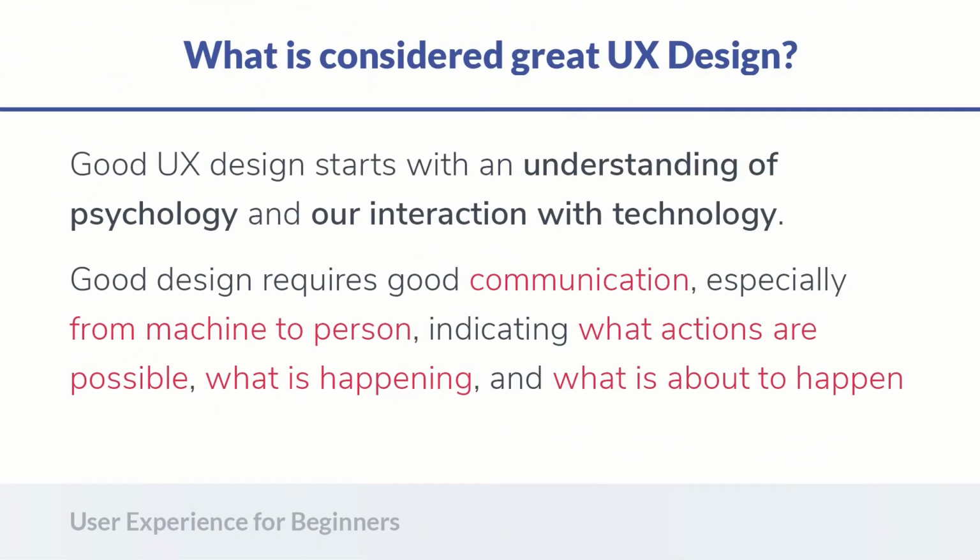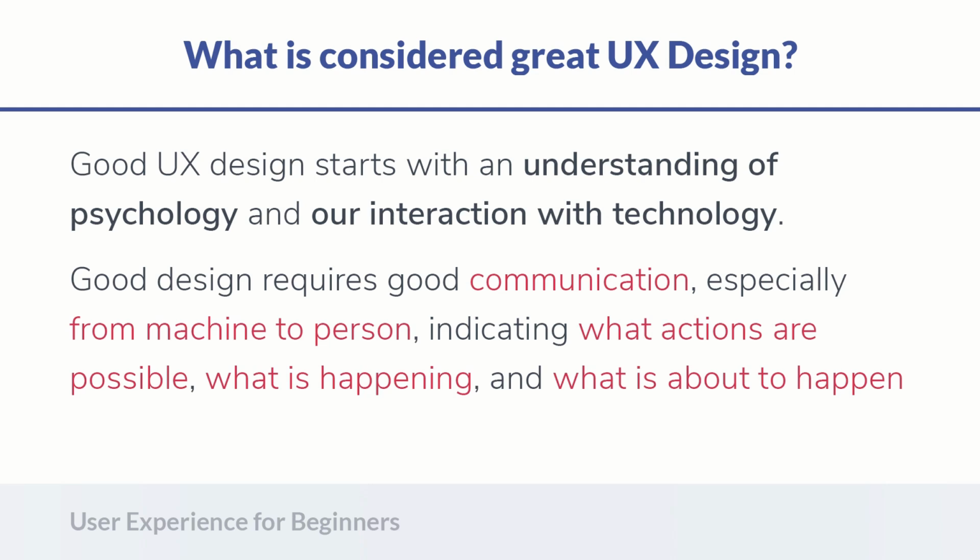Okay. Now, what are the features of a very good or great user experience design? The only thing about great user experience design is our interaction with technology. We as humans make a lot of mistakes. So good design requires communication, especially from machine to person or person to machine, indicating what actions are possible or what is happening right now, what is happening with my app.